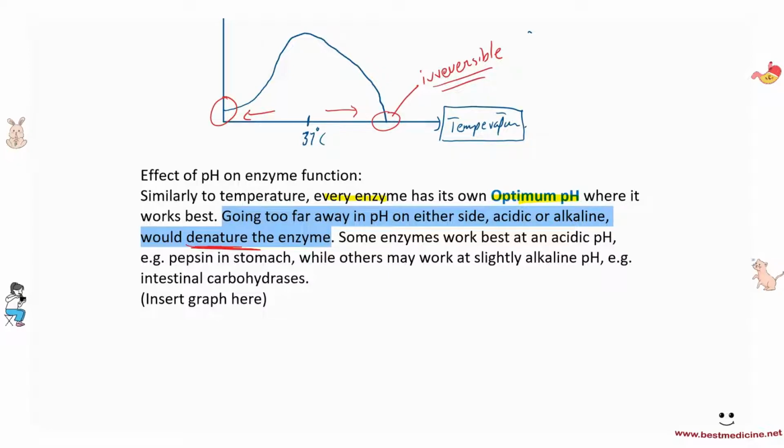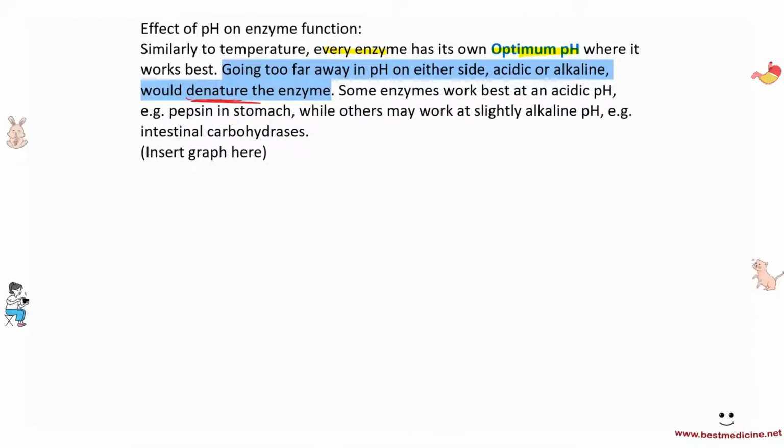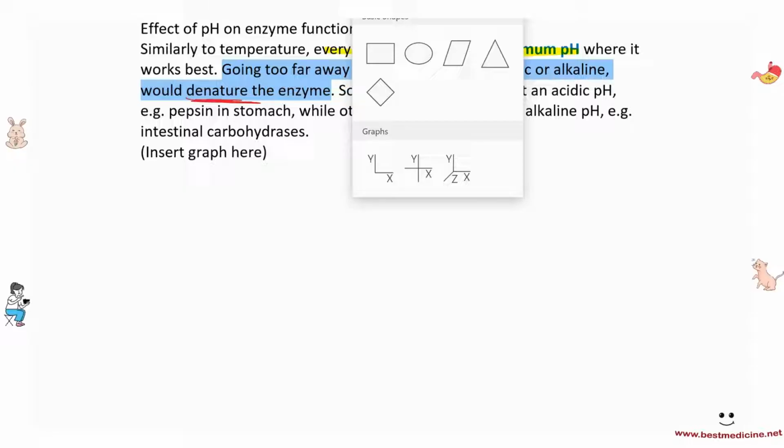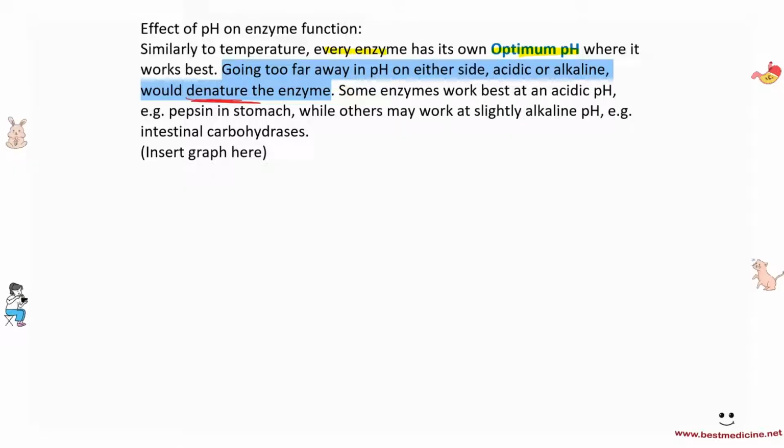All right, so let's have a look. On the x-axis, we would write our pH. That's the independent variable. And then on the y-axis, we would write the activity of the enzyme, right?